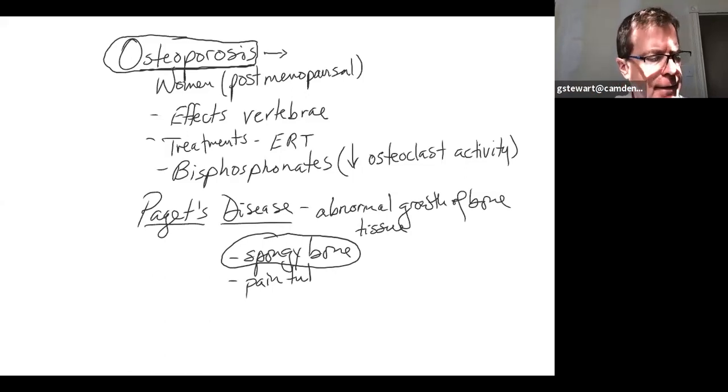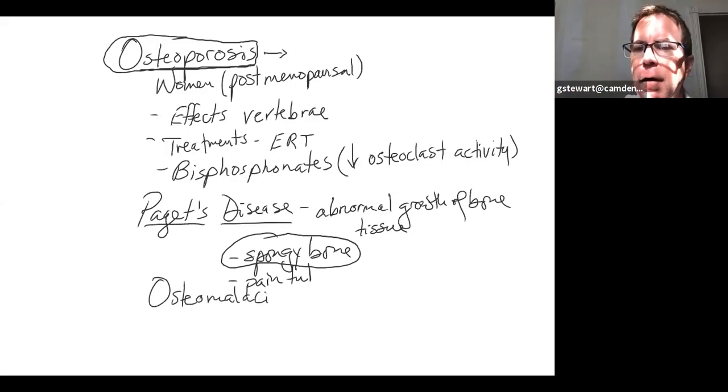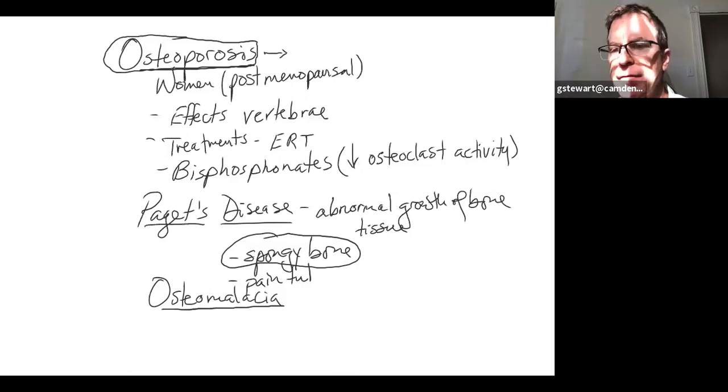Last but not least, osteomalacia. This just describes bones that are poorly mineralized. We don't get enough mineralization in the ossification process.